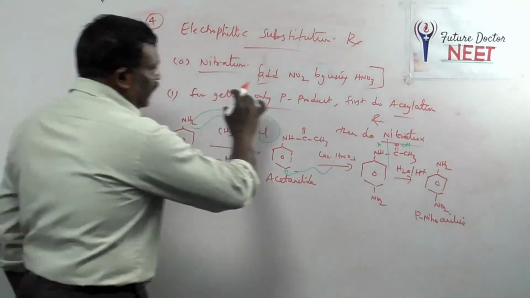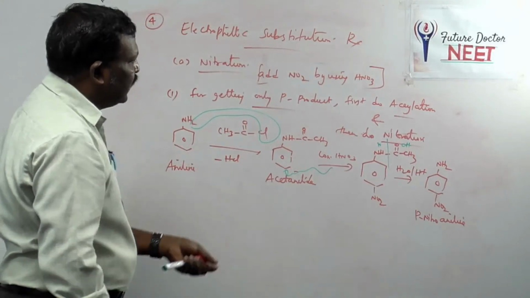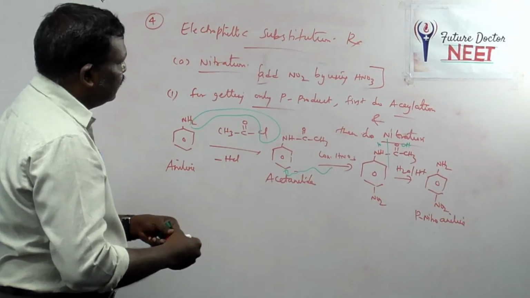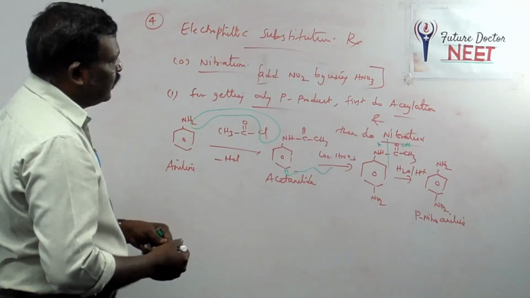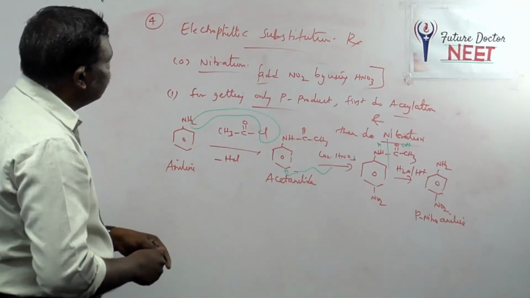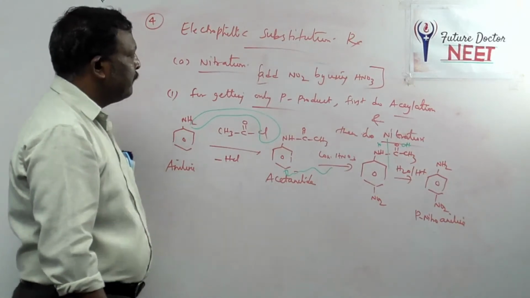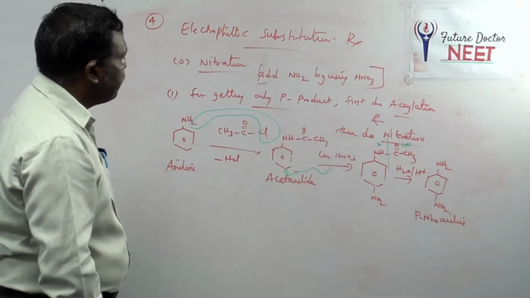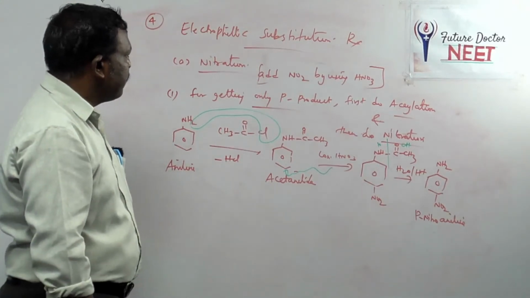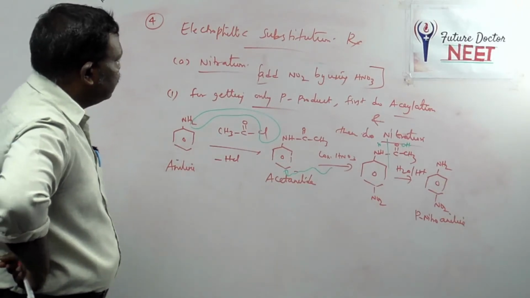This statement only they are asking. Okay, if you want to get para product, which process should we do first? Acylation first, next one we should do what? Nitration. Okay, read fast.